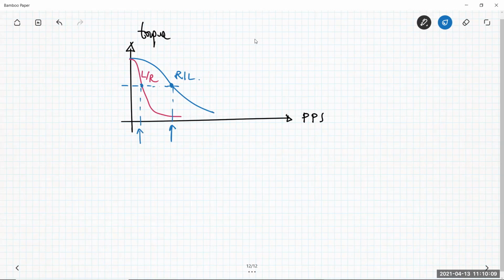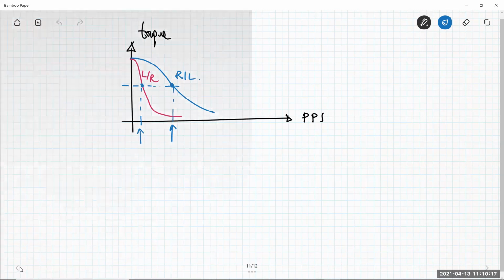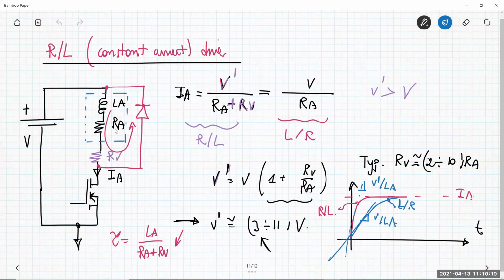Of course, no benefit comes without any drawback, and the drawback here is easily understood. That is the power which is dissipated by this resistor. The current flowing to this phase is the same as before, but now the resistance is, let's say, 10 times that you can have in the L over R driver.